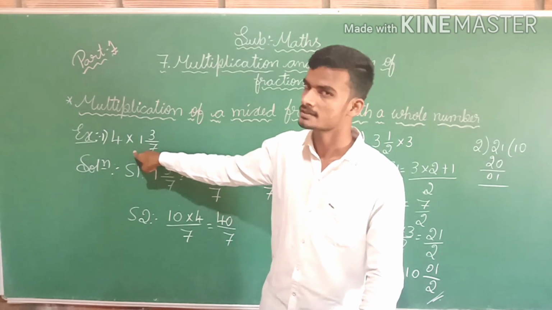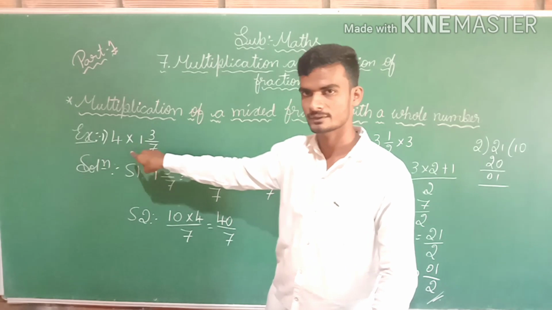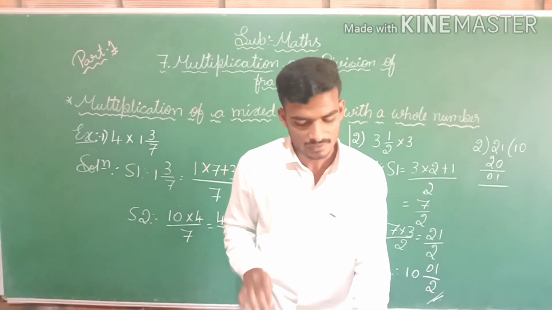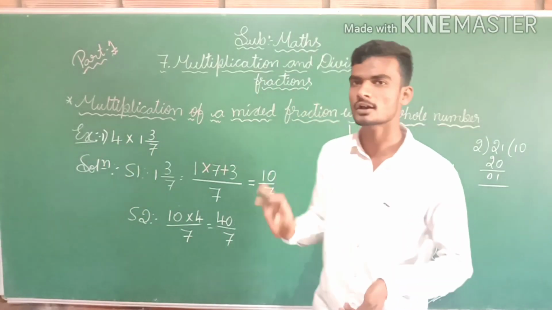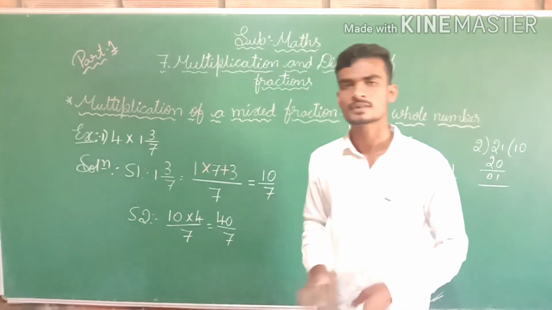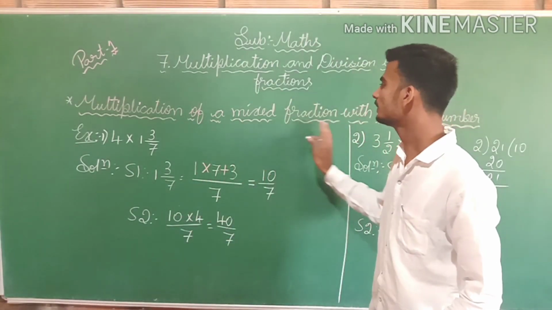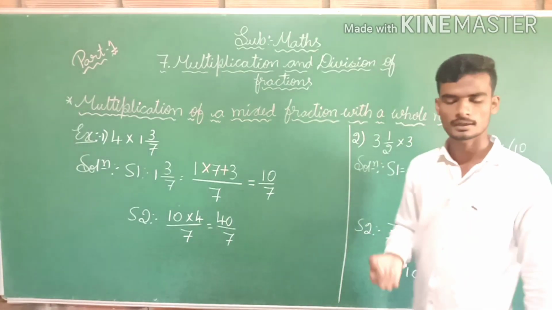This is the second question from your exercise 7.1 B main. There are 4 problems. Of those 4 problems I have solved one, and the remaining 3 problems you have to solve using the same steps. This is about the multiplication of a mixed fraction with a whole number.